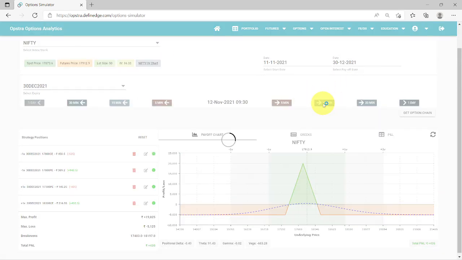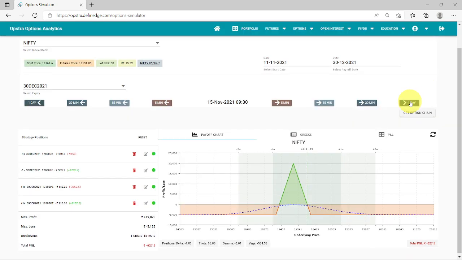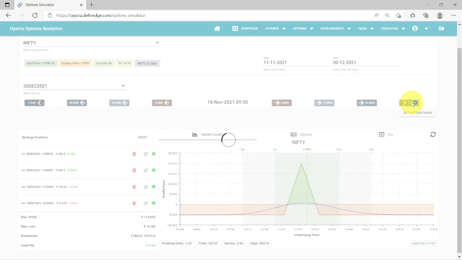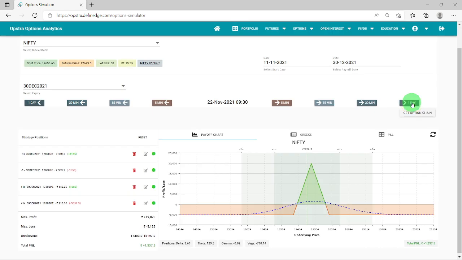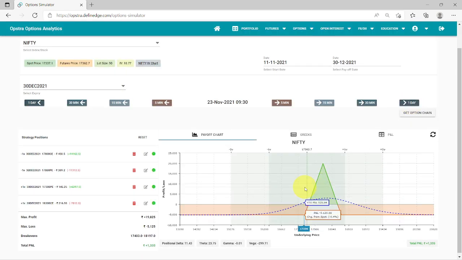I'm going to start at 9:30 from the next day. Break even is not breached. Okay, it's breaking here on the downside.